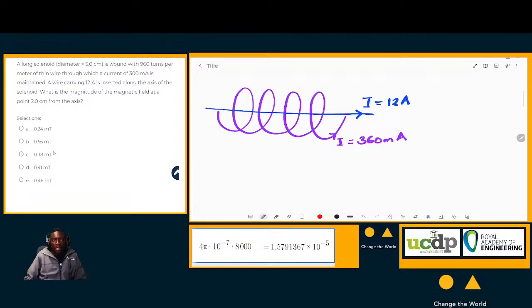So what is the information given there? N, which is the number of turns per unit length, is equal to 960 turns per meter.